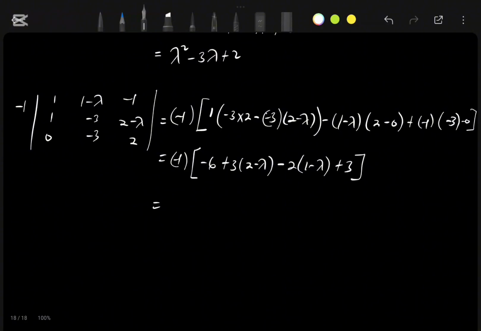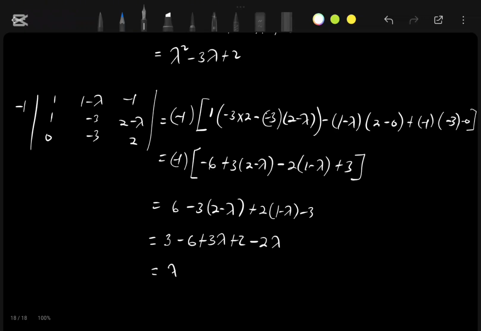Close our bracket. So multiplying through by minus 1, we have 6 minus 3 into bracket 2 minus lambda and plus 2 into bracket 1 minus lambda minus 3. 6 minus 3 gives us 3. We have minus 6 plus 3 lambda, plus 2 minus 2 lambda. This is equal to lambda minus 1.